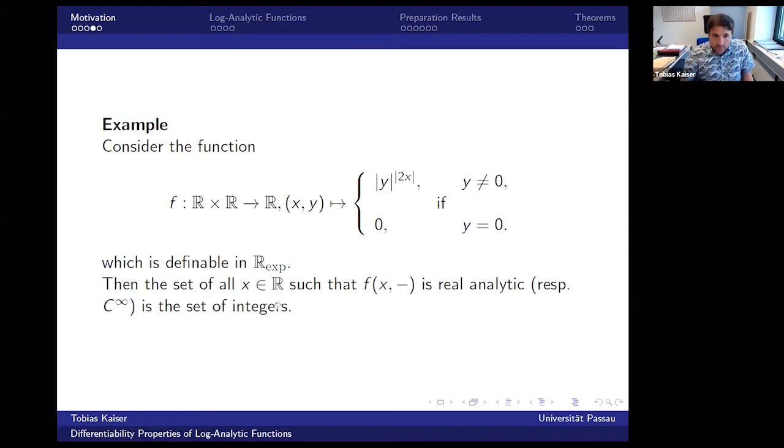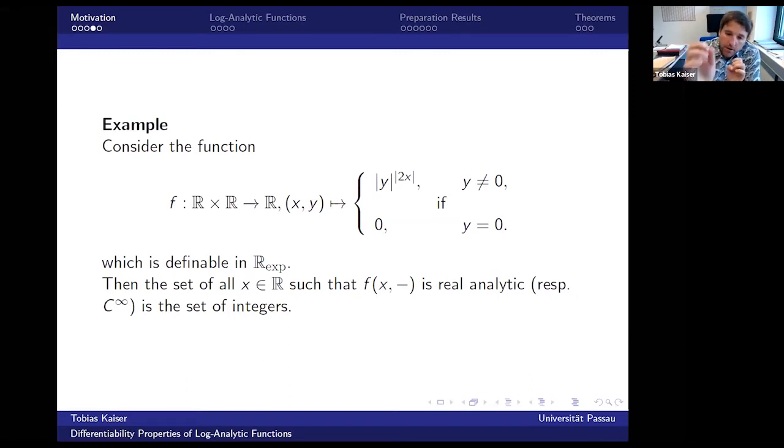Then the set of all x in R such that the function f_x, in the second component, is real analytic, or C infinity, is the set of integers. So it's not definable in any o-minimal structure. Here we leave the tame setting.